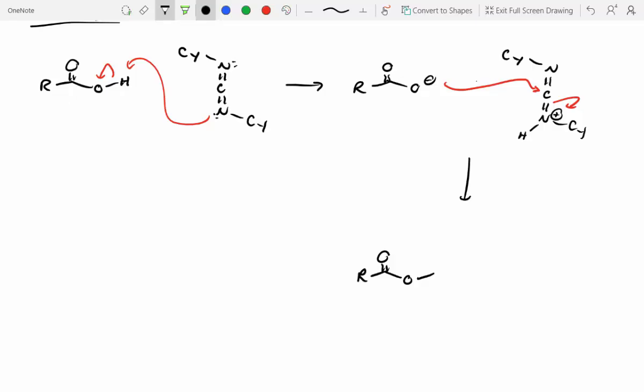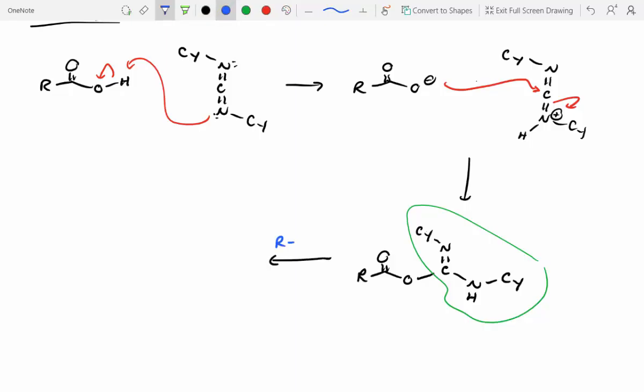So now we've got this group here, got an NH, and we've got a CY. Now, if we look at this, this is actually a fairly good leaving group. This whole functional group over here is what's going to be converted into our good leaving group. But before that can happen, we need to have our amine attack in.